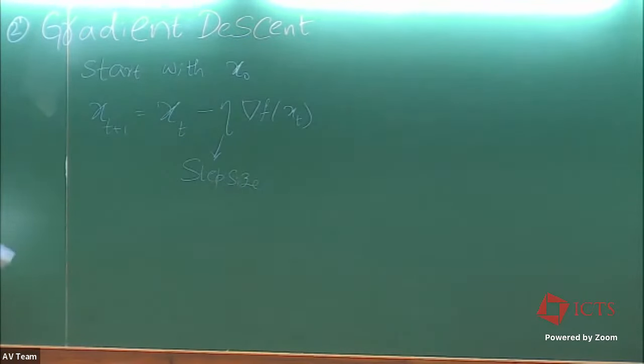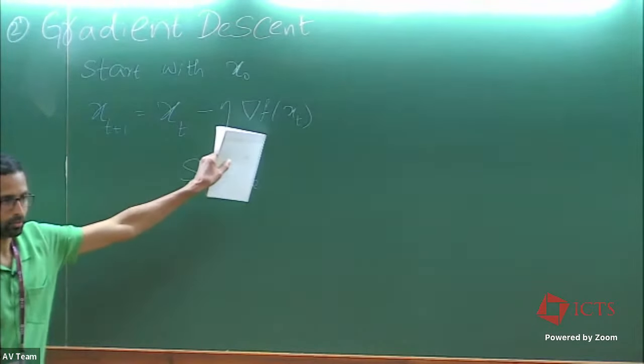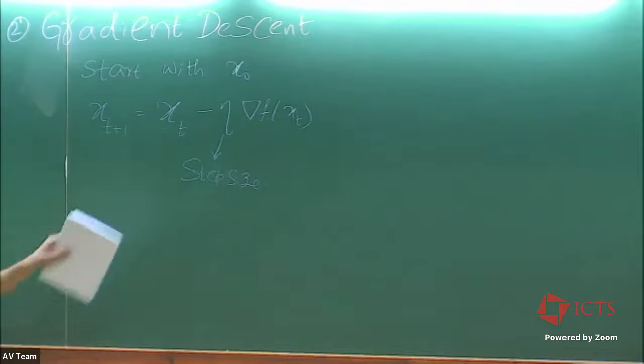So this works in the first order oracle. Given a point, we start with an x0, we ask the oracle to get us the gradient value at x0, and then we do xt minus eta times the gradient at that particular point. And this works in the first order oracle.